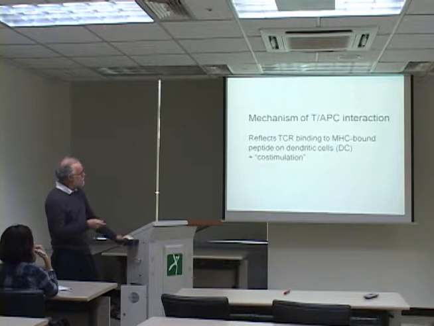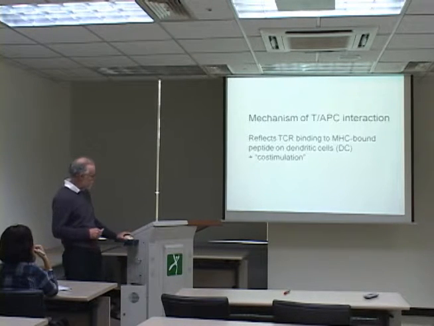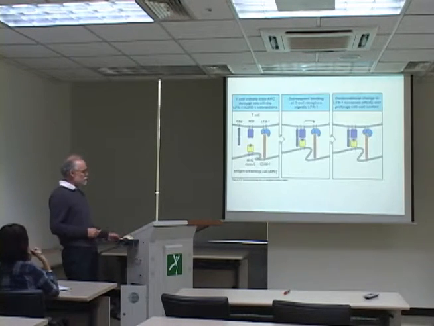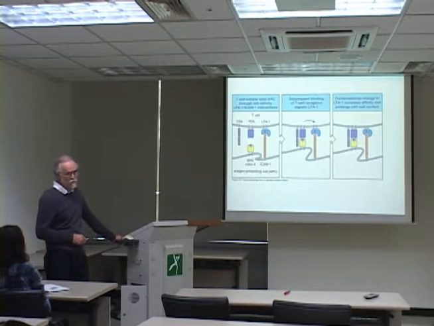And then reactive T cells see these antigens, and if the dendritic cell is mature, then they will start to respond. Now I want to talk about the requirement for co-stimulation in some detail. So let's think of how the response gets started.